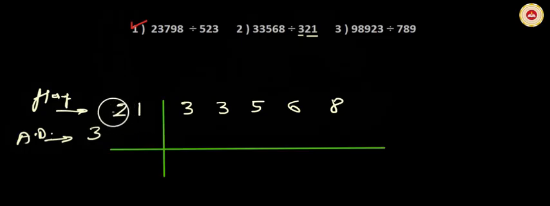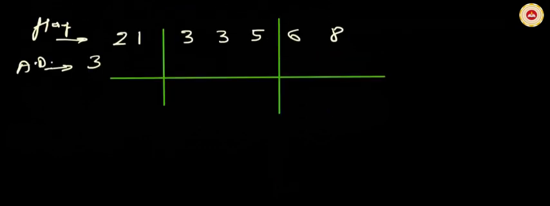Now friends, count the number of digits in the flag. There are 2 digits, so let us leave 2 digits from the right side and draw the decimal line. Now friends, let us start division. Step number 1, starting from the left side, left to right.